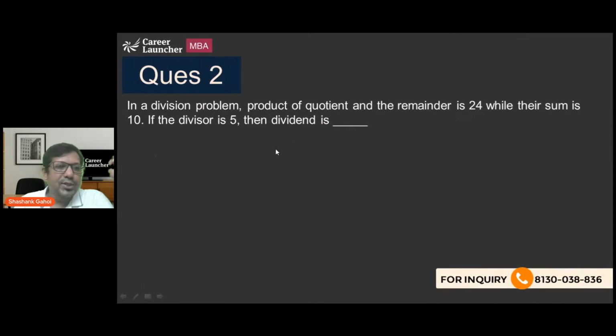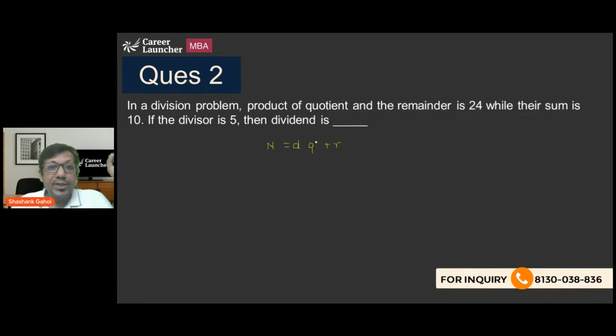So now this question says, in a division problem, product of quotient and remainder is 24. So let's say the number is n, it is being divided by d, quotient is q, remainder is r.